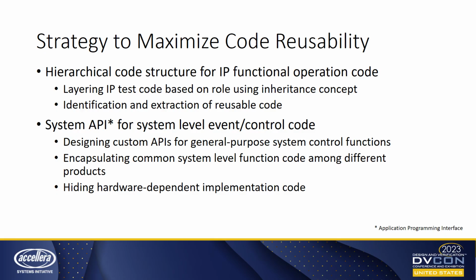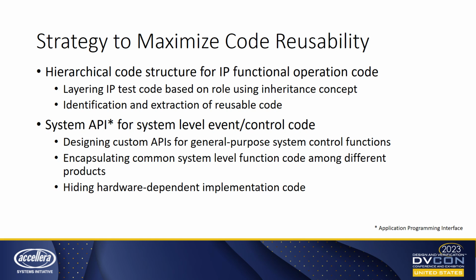For the system code, we suggest a system API for the system-level events and control code. Since each product has its own components and system events, it is not possible to create fully reusable test code for the system events. However, we can define typical system-level features such as system reset, interrupt control, and something like that.